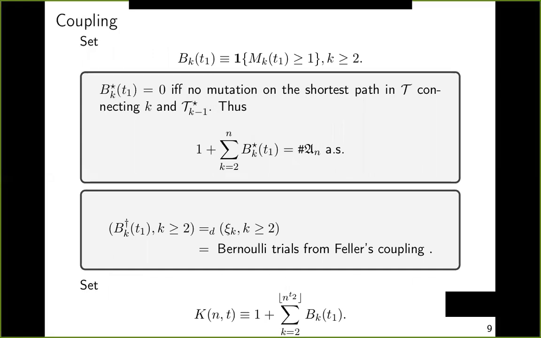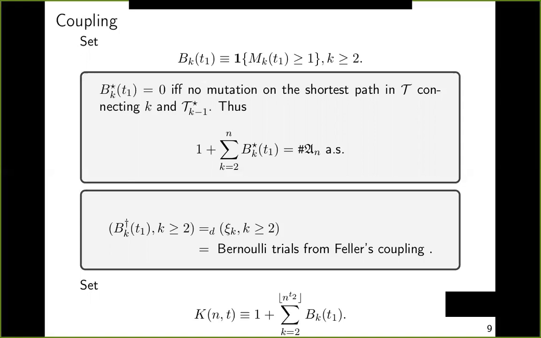Moreover, if Mk of t1 is greater or equal to 1, we set Bk of t1 to equal 1 and 0 otherwise. So Bk is a Bernoulli random variable. And notice that in the natural coupling, Bk star of t1 is 0 if and only if there is no mutation on the shortest path in the coalescent tree that connects k and the coalescent tree restricted to k minus 1.